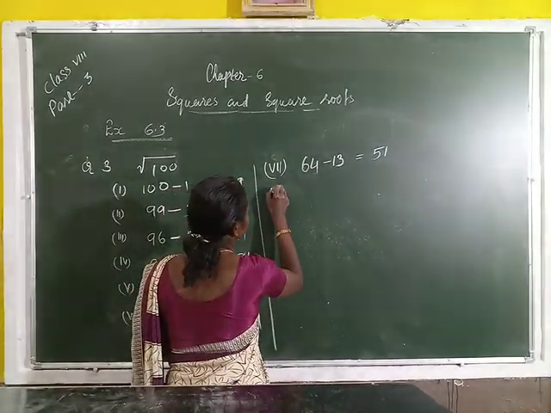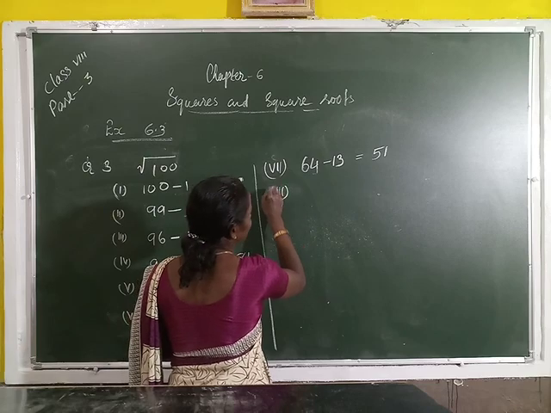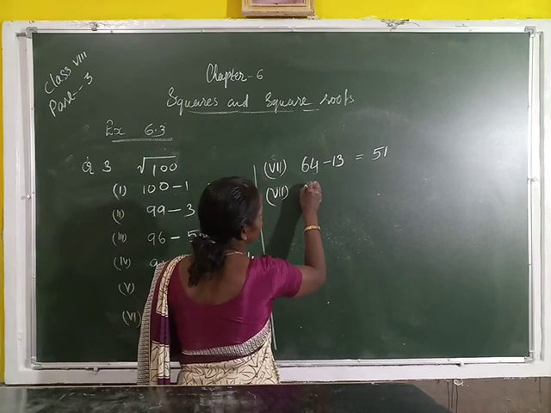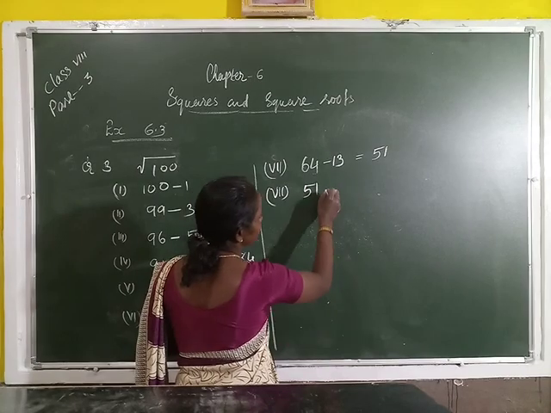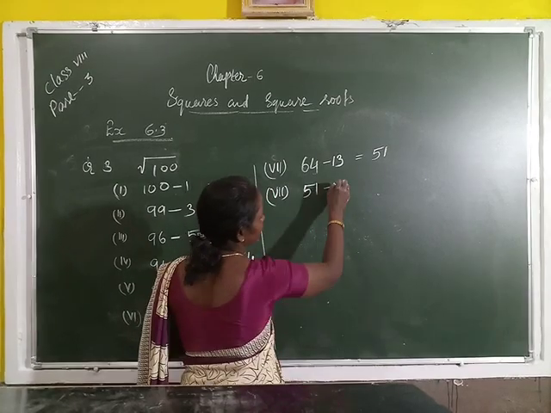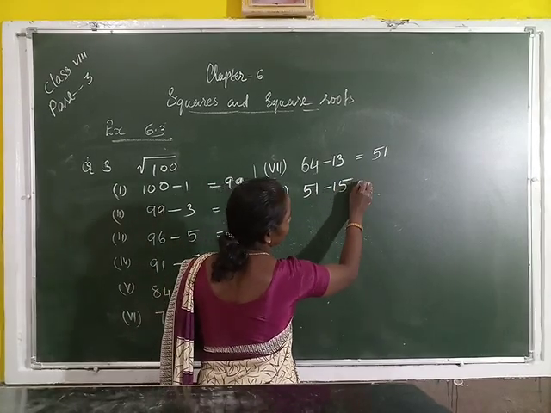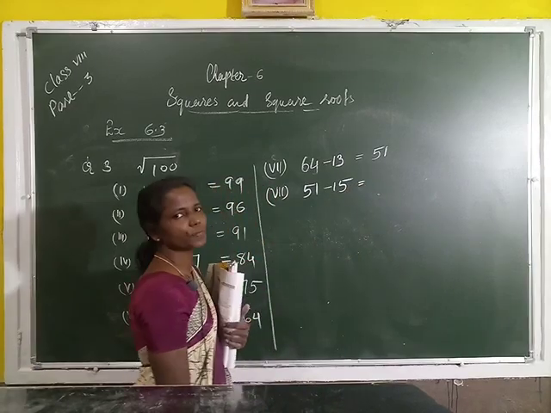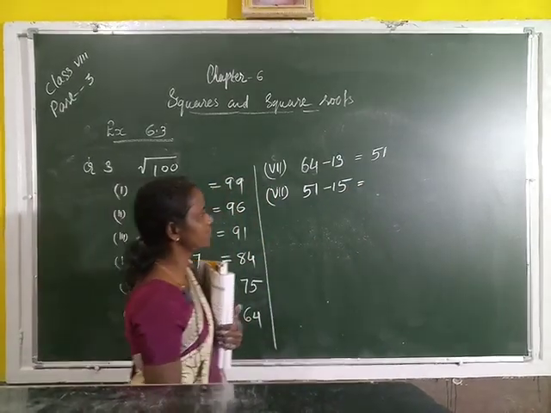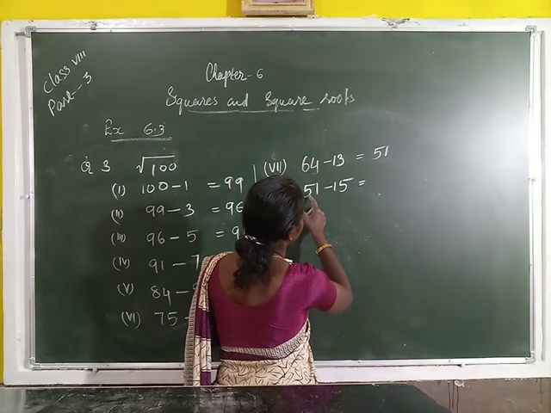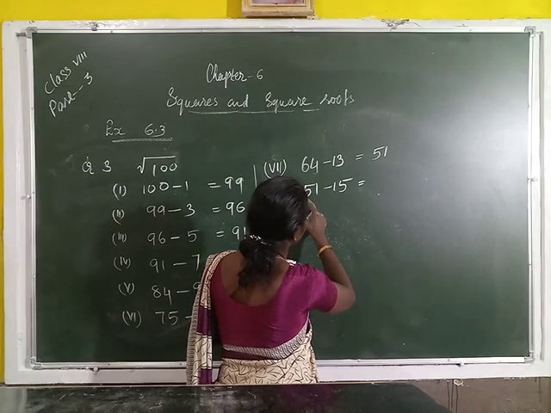Next, the eighth step: 51 minus the next number, 15. Look, 51 minus 15. So what is the answer? 36.